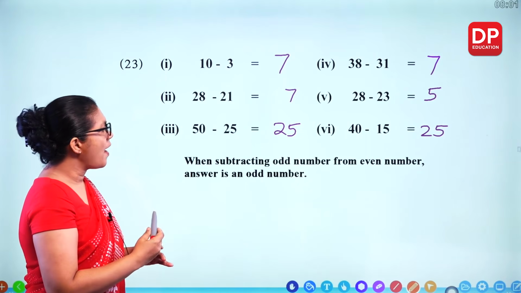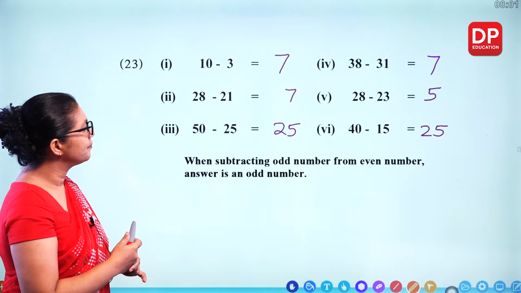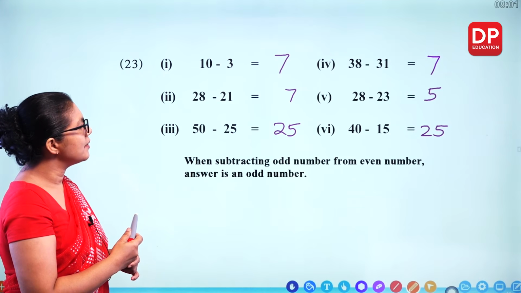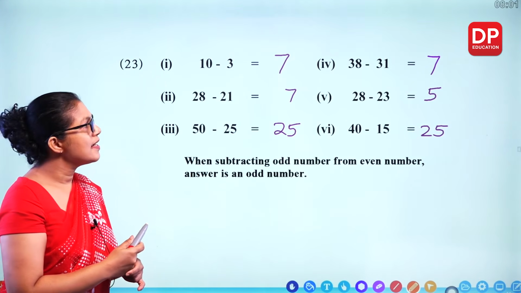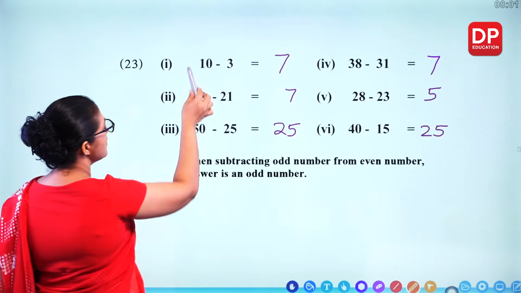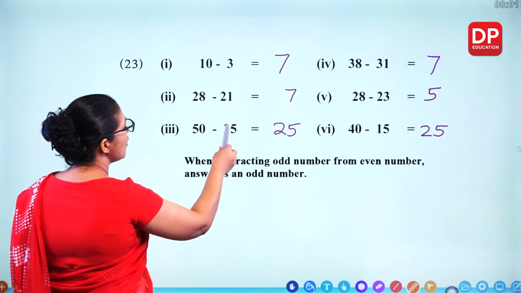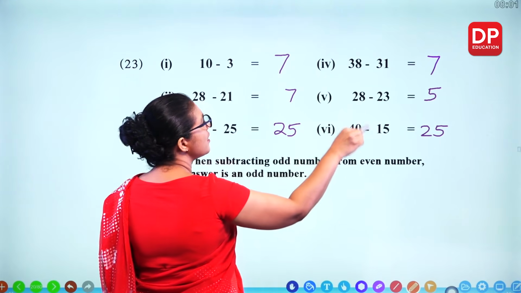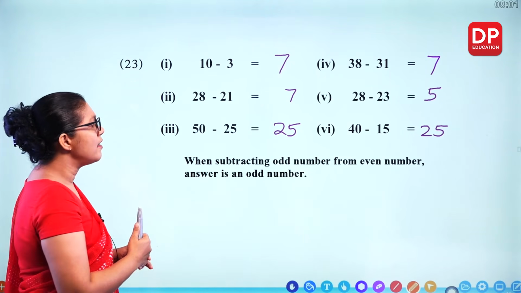So when subtracting odd number from even number, answer is an odd number. So this is an even number. Subtracting odd number, answer you get is an odd number.